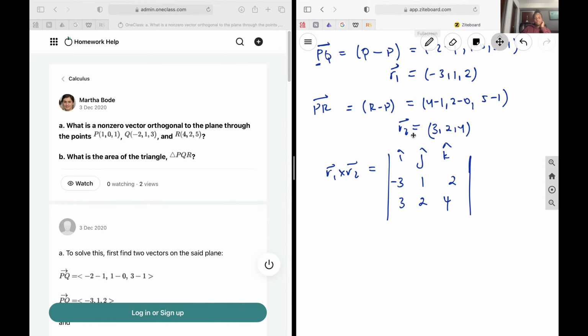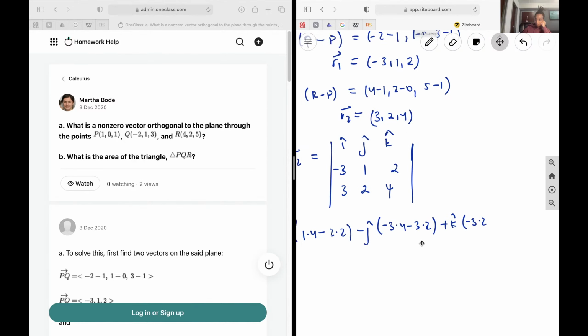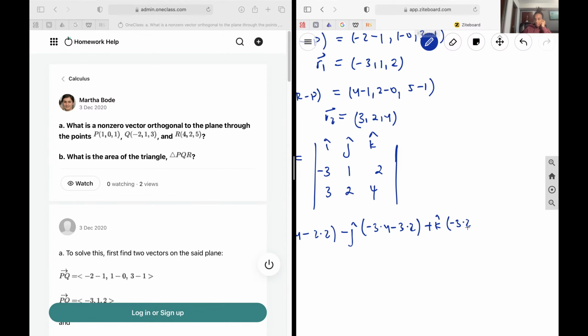And so I will get that in my i component, I will have 1 by 4 minus 2 by 2, minus my j component, which will be -3 by 4 minus 3 by 2, plus my k component, and that one will be -3 by 2 minus 3 by 1.